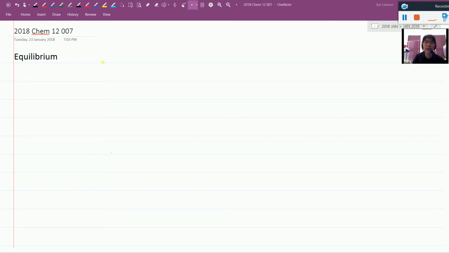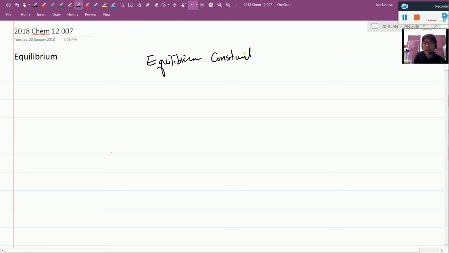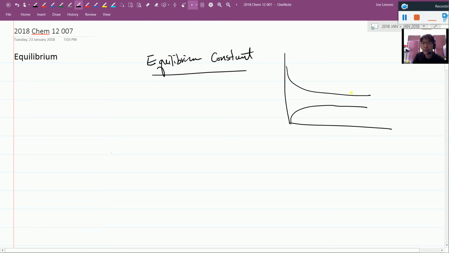equilibrium. Equilibrium relates to the things that we do, where we have to find out the equilibrium constant. Equilibrium constant can be found using a graph like this, showing concentrations over time. Initially, the reactants have the highest concentration, then start to drop, forming product.